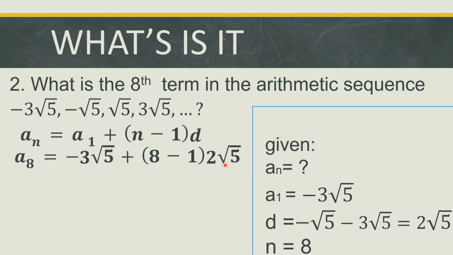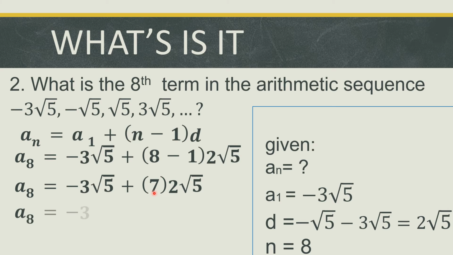By simplifying, 8 minus 1 is 7, and this 7 will be multiplied by 2 square root of 5. Here again, we need to multiply the coefficient by 7. So that is equal to 14, then copy the radicand, which is square root of 5.